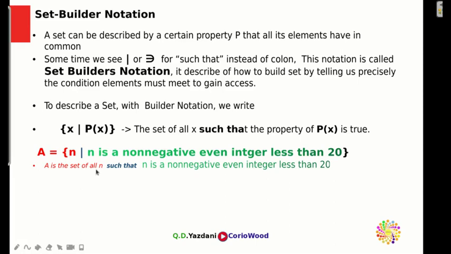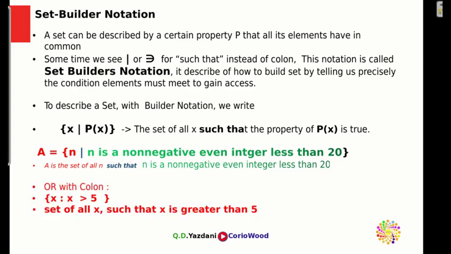We can see it with a colon as well, as I said to you: instead of the pipe, we have this E the other way around, and there is a colon. Now we're going to see it with a colon. Here we have a colon, and we're going to read the set exactly like that: the set of all x such that x is greater than 5.